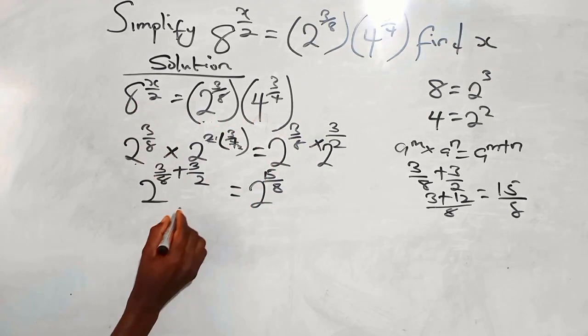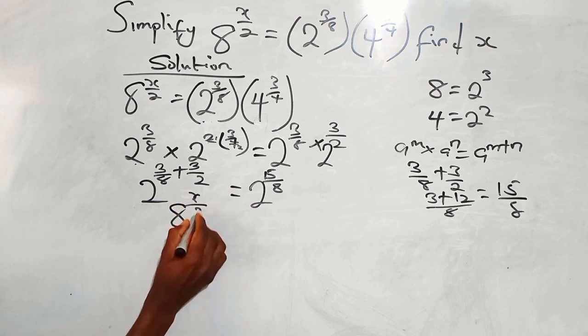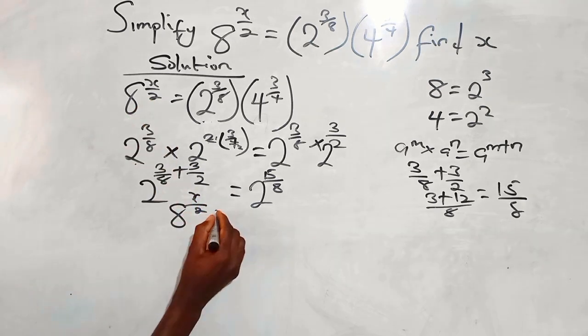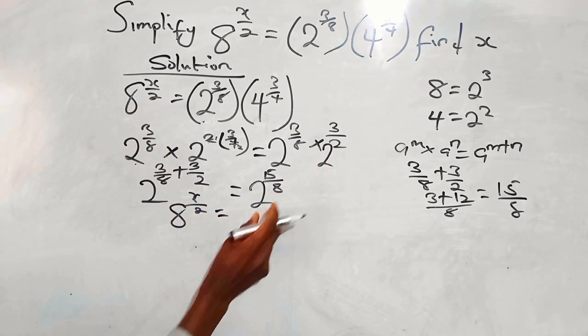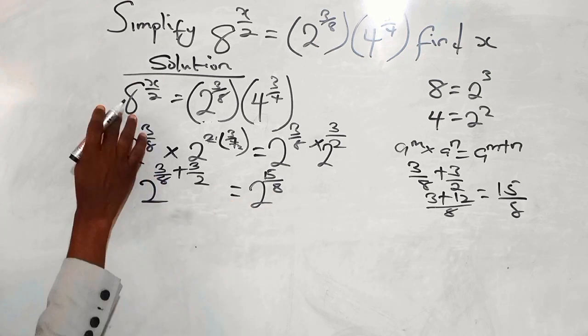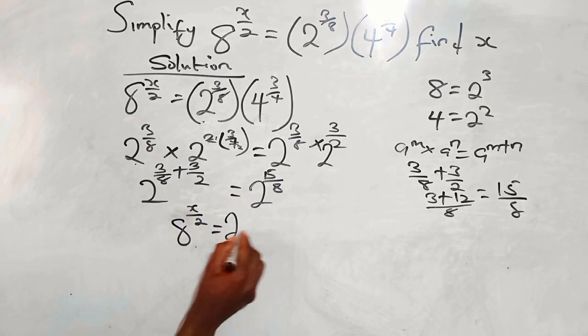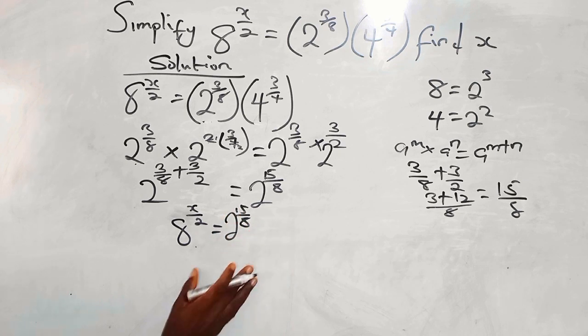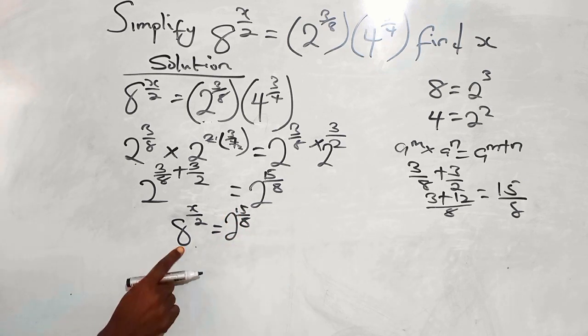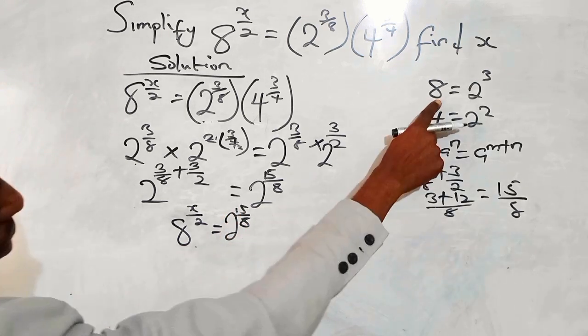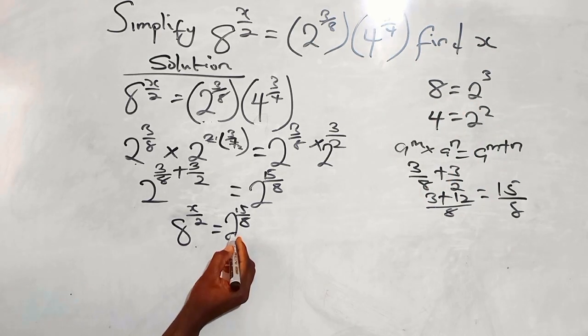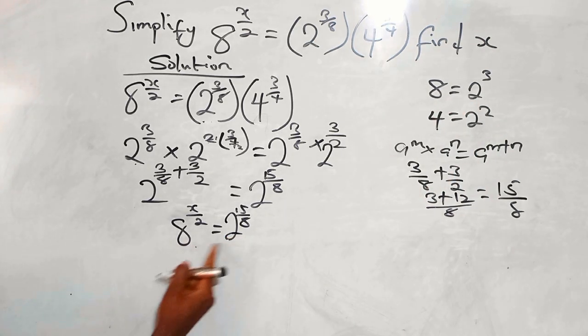So we have 8^(x/2) = 2^(15/8). But for 8, I can write it as 2^3, just to make sure we have the same base.